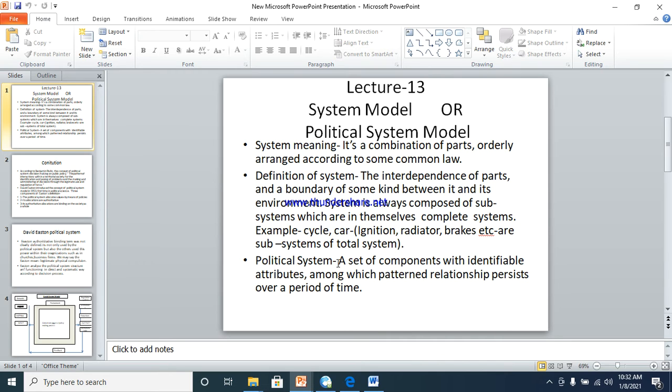These are a combination of different components which function on specific methods and patterns of relationship that persist over a period of time.